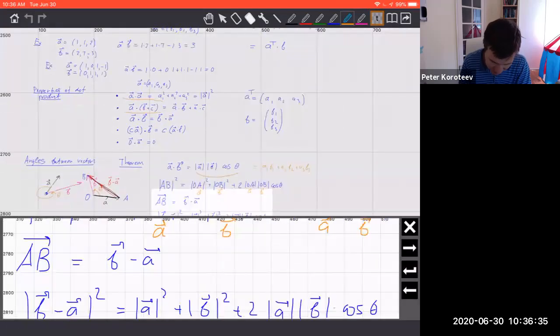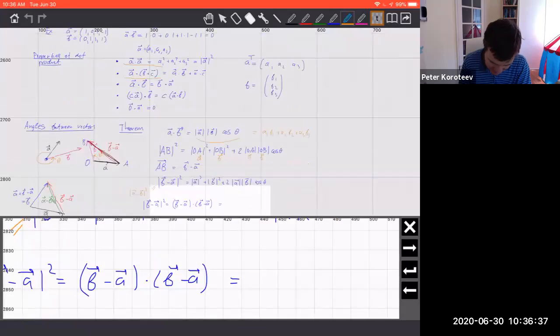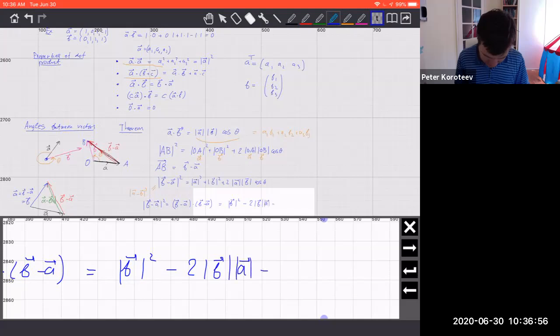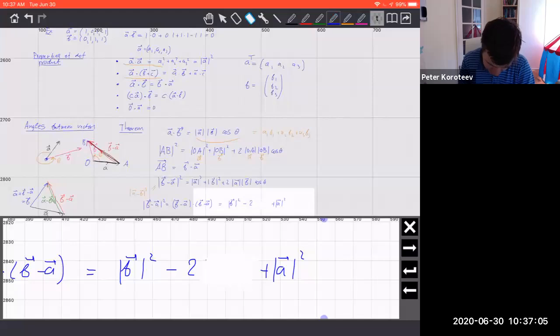In other words, I can just open up the parentheses same way as I usually do. So that will be B squared minus, and because it's commutative, I can write it as 2B dot A, plus A squared. Oh, sorry, it's going to be a dot product. Yes, B times A.